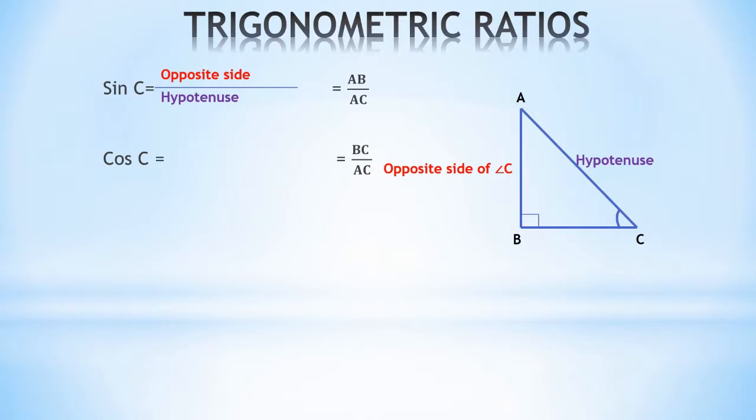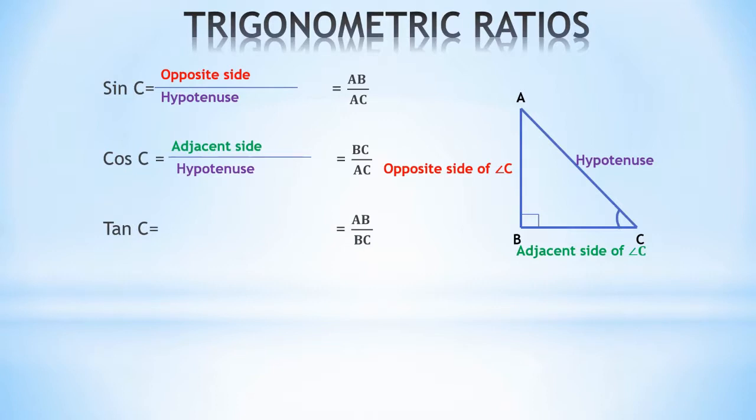Now cos C will be BC upon AC. For this triangle, BC is the adjacent side of angle C and AC is the hypotenuse side of angle C or the entire triangle. So the ratio of cos C will be adjacent side upon hypotenuse side, which is BC upon AC.